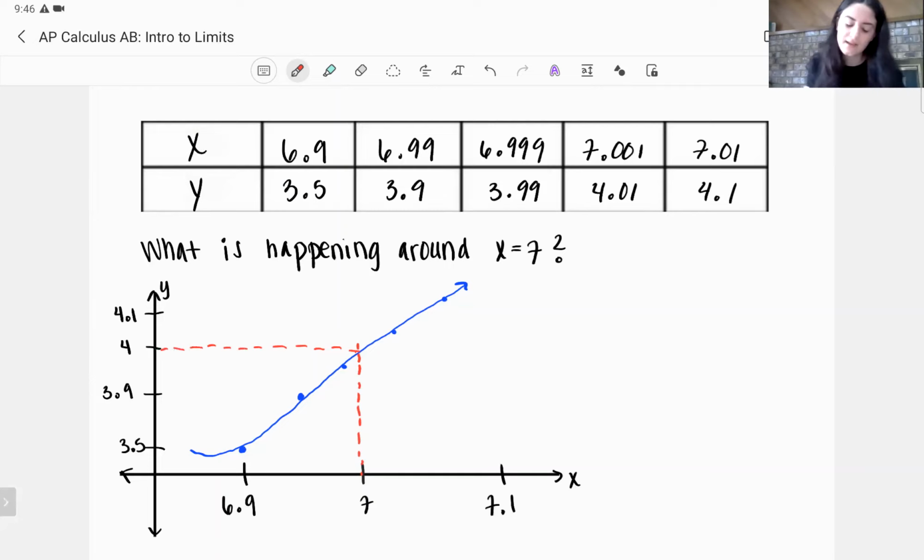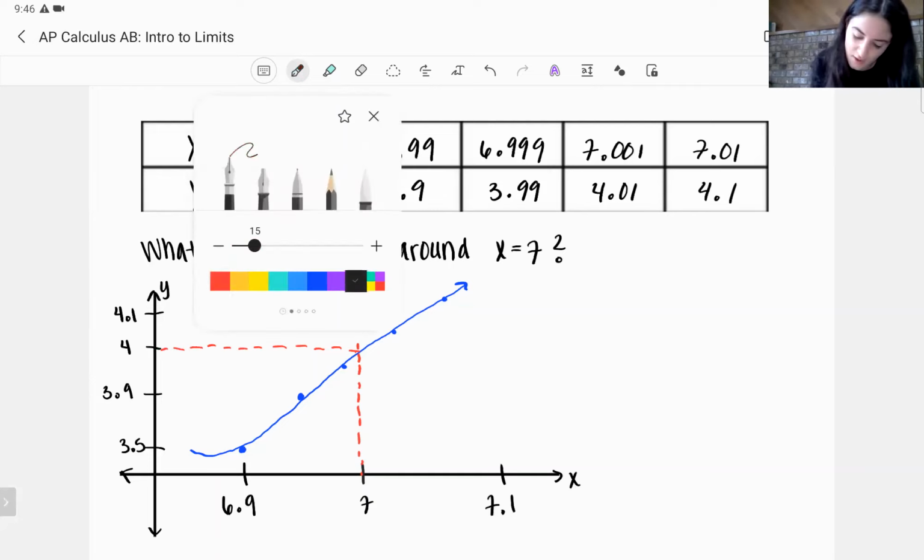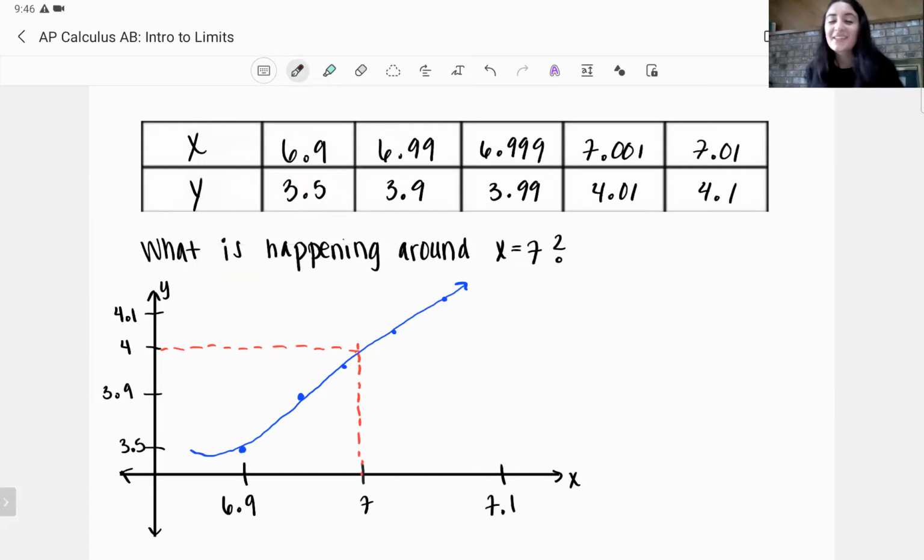So it looks like that at x equals 7, our y value looks like it's 4. And so maybe that's what you guessed from this table, right? Because right around x equals 7, right in that spot, our y values were really, really close to 4, right? So we can expect that right at x equals 7, our y value is going to be 4.